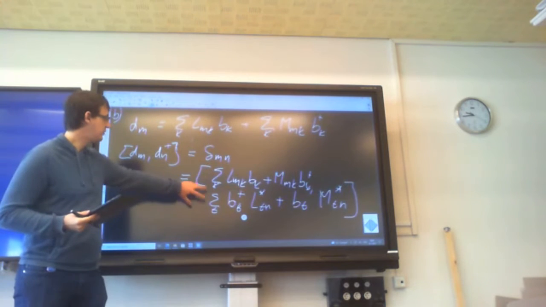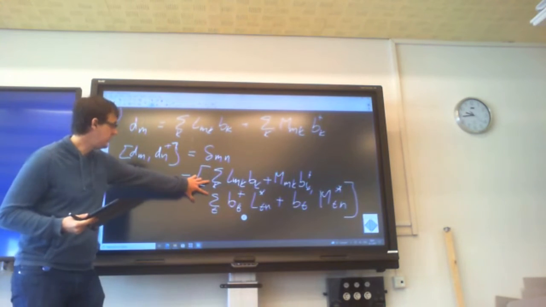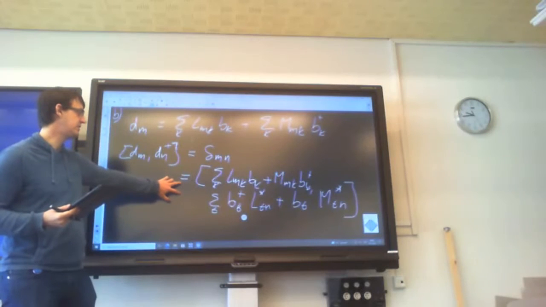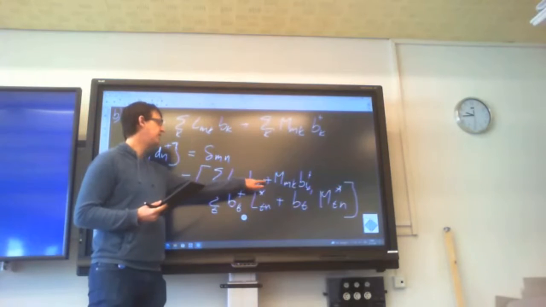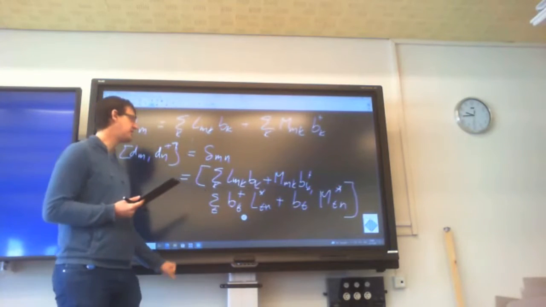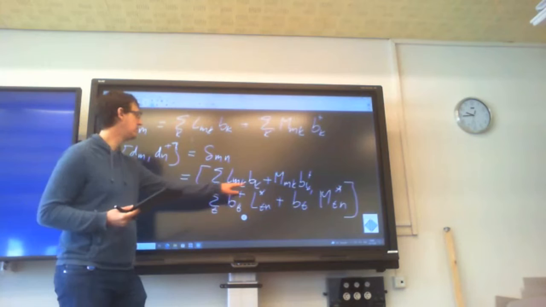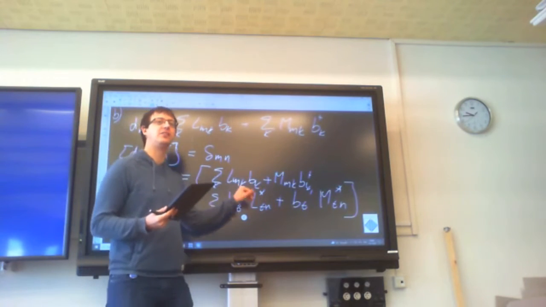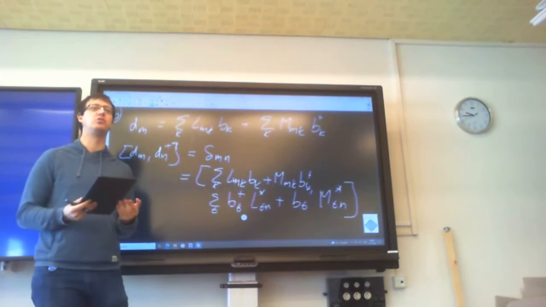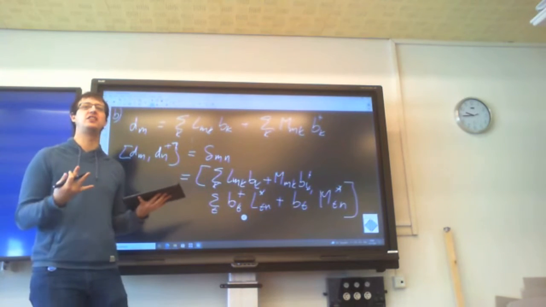First, what we do is we pull out the sums, and then, because the commutator is linear in each of its arguments, we can divide this one big commutator into four smaller commutators, which are much easier and nicer to handle.